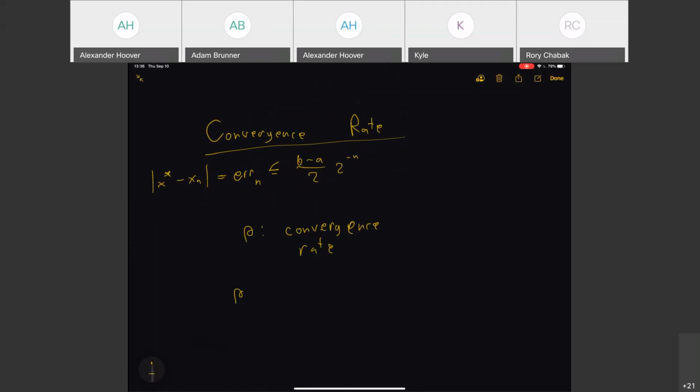This convergence rate is going to come from the error at the (n plus 1)th iteration over the error at the nth, where we're assuming a linear rate, which makes sense.